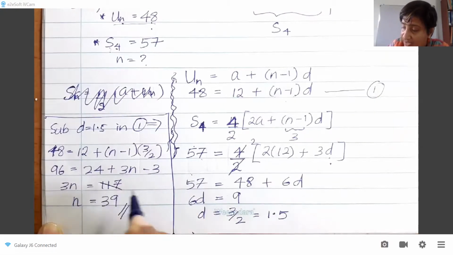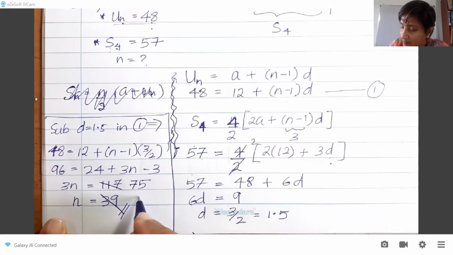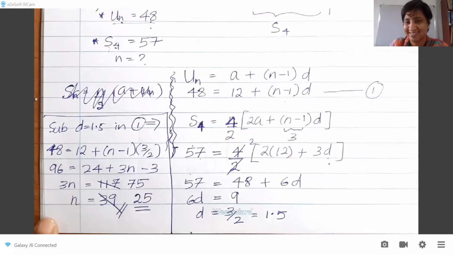This is wrong. Thank you, Senator. 75. And then this is 25. You're correct, Senator. Isn't it, Marsha? Yeah, okay. So n is 25.